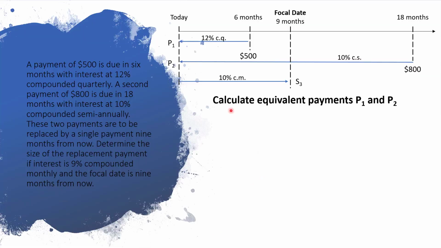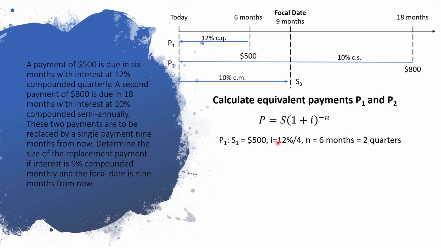So what do I do? Calculate P1 and P2. I have my timeline, I have my question. I start off by calculating using my present value formula for compound interest. For P1, the future value is $500. I'm trying to find the equivalent value today at 12% compounded quarterly.